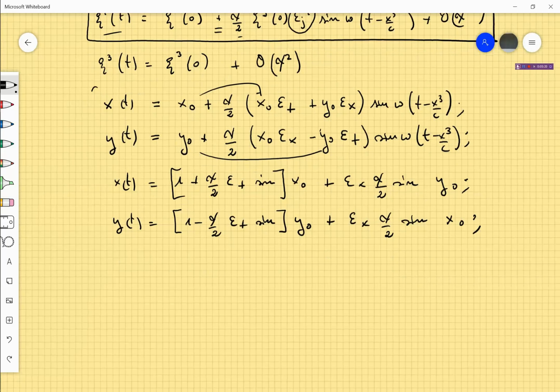And then we are going to consider separately the cases in which epsilon x is 0, and then the case in which epsilon plus is 0.